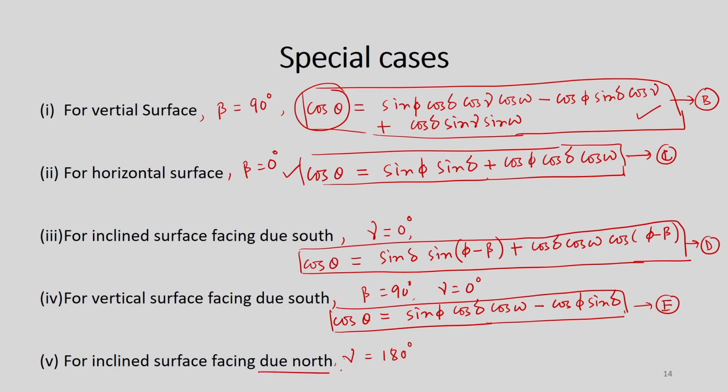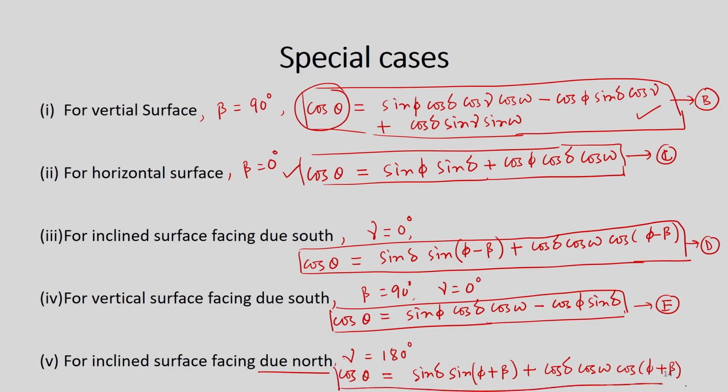So, our expression will be cos theta is equal to sine of delta, then we have sine of phi plus beta, then we have cos of delta, then cos of omega, then cos of phi plus beta. Okay. So, this equation will be something like this. This will be F.